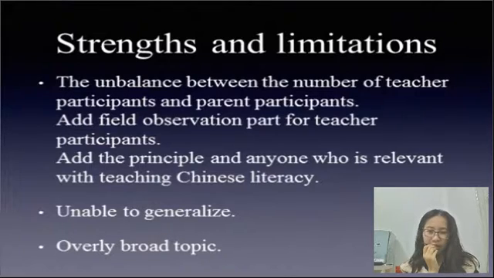So it will be really not easy to generalize. And the third limitation is the overly broad topic about the classroom environment. In fact, the topic can be narrowed down to the grouping or the teacher-child interaction, which will be much easier to research. So I have a lot of work to do in the future.